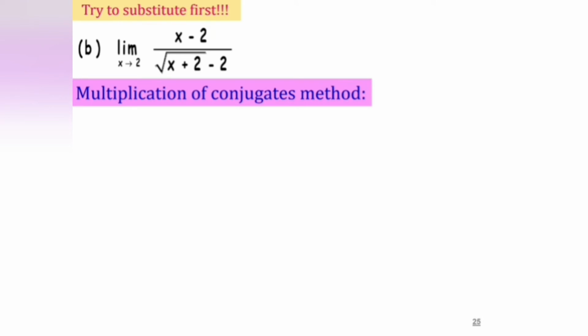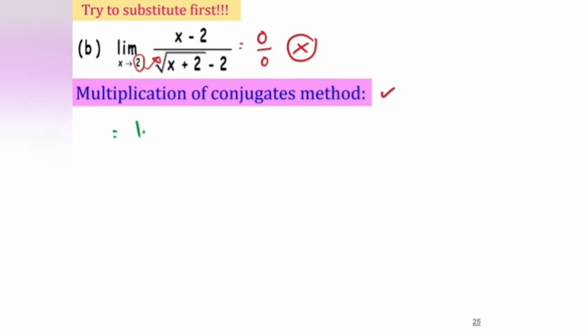Next question B, find the limit of (x minus 2) over (square root of x plus 2 minus 2). First step, try to substitute the value of x into the function to get the result. For this question, again, we will get 0 over 0, which means we can't solve the question directly. We have to use the multiplication of conjugate method.